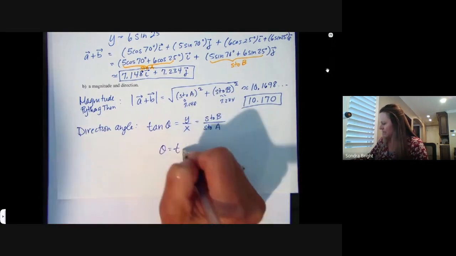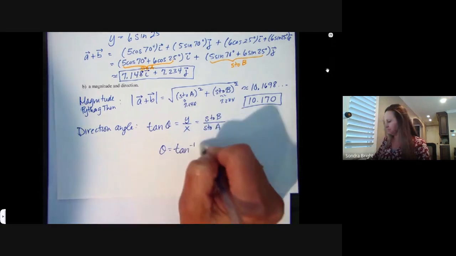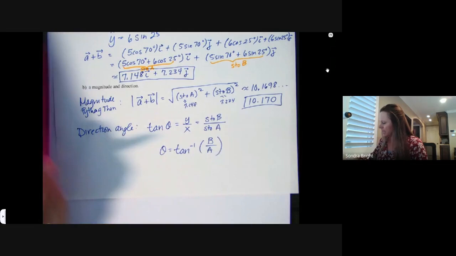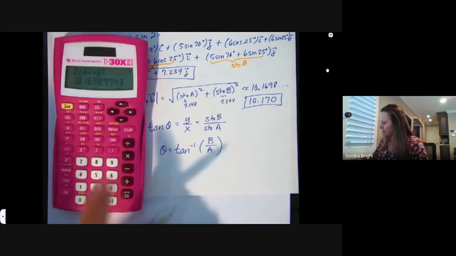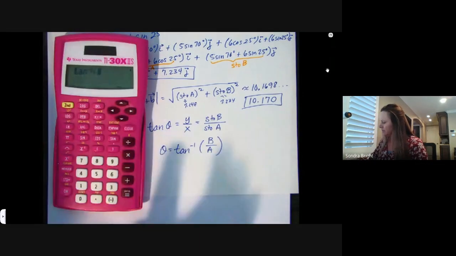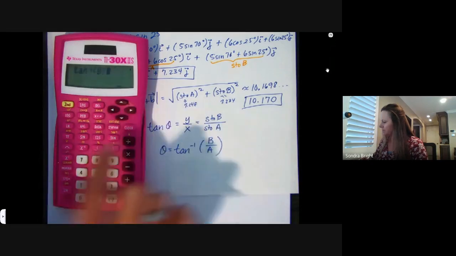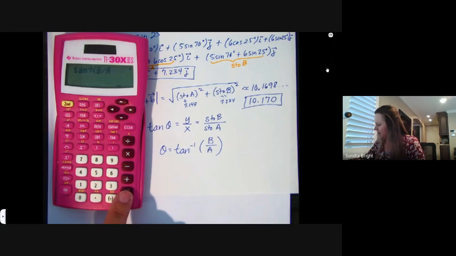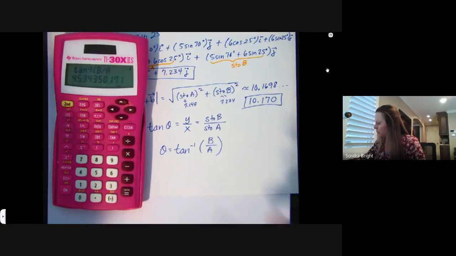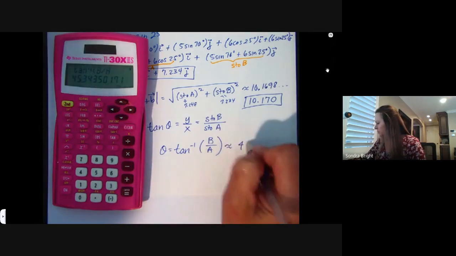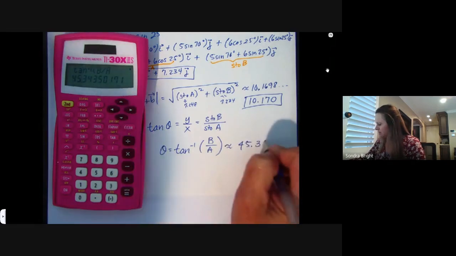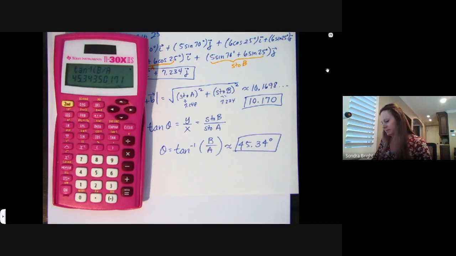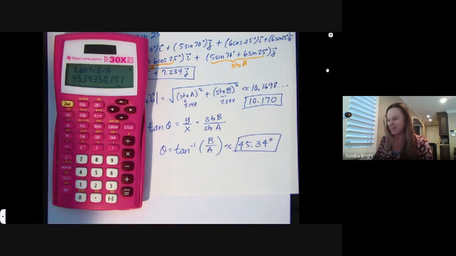That's what you'll put in your calculator: inverse tangent of B over A, and it gives me about 45.34 degrees. I don't know why we only go to 2 decimal places for the angle, but that's what we do. Okay.